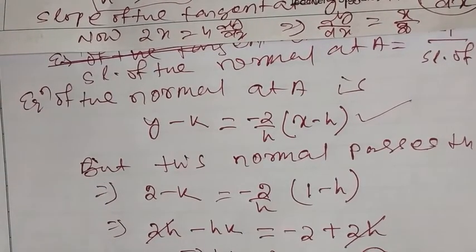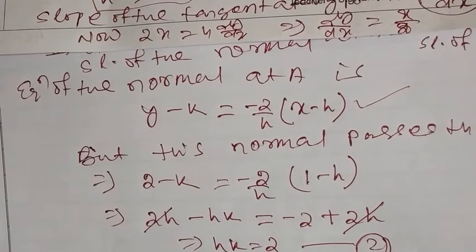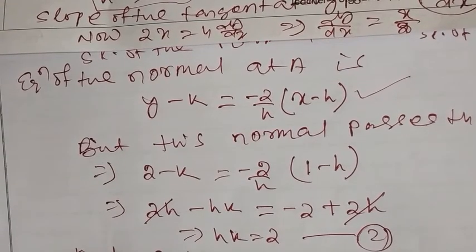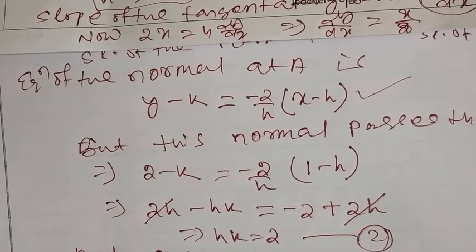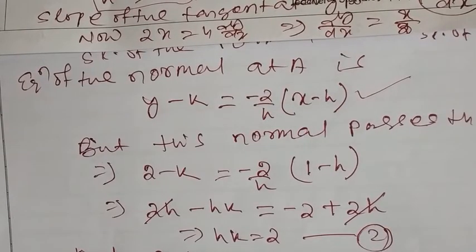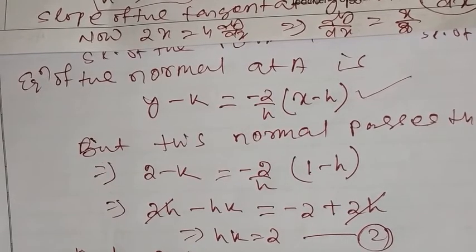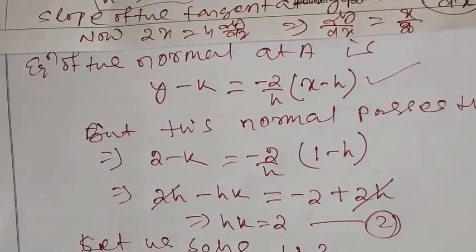Now, let us solve 1 and 2. Okay. h square equal to 4 into k. What is k? 2 by h. That means h cube is 8. So h is 2. Therefore, k is what? 1.